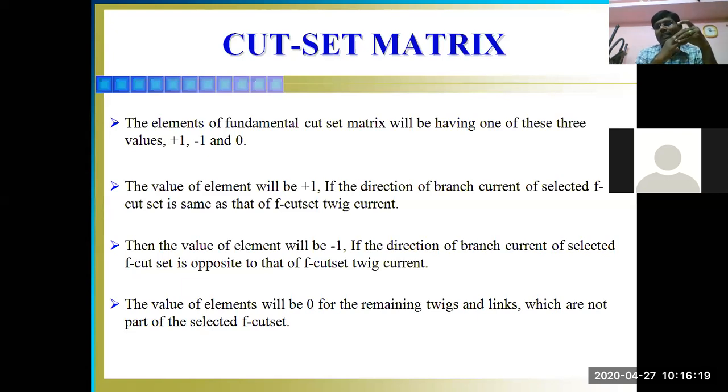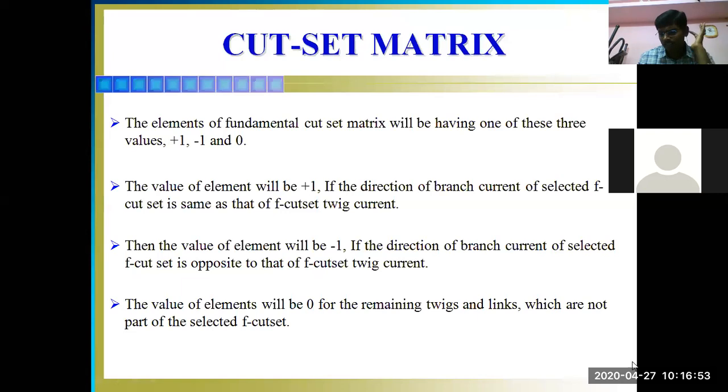Suppose you select a cut set, there are 3 branches. It may be a combination of twig and links. If the branch direction and twig direction are the same, then the element value is +1. If the branch direction and twig direction of a particular cut set are opposite, that should be -1. If there is no relation between the selected branch and cut set, then the element value is 0.